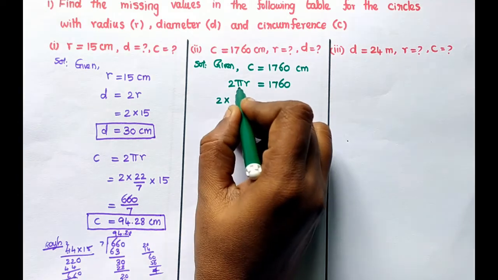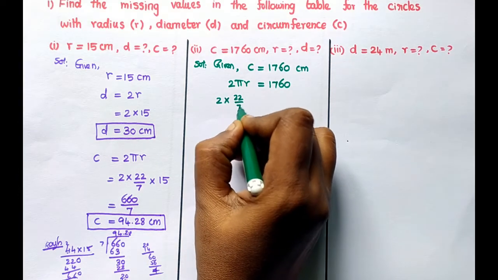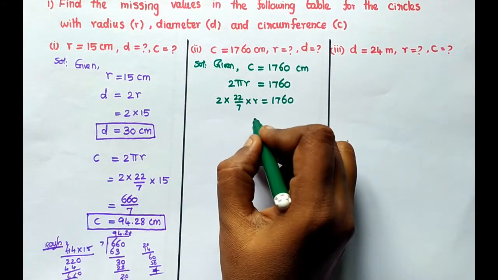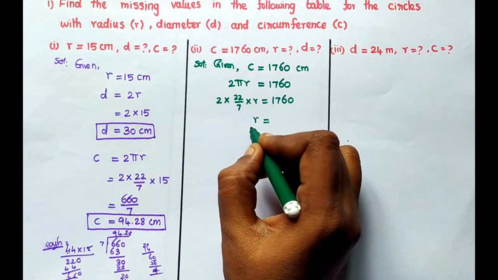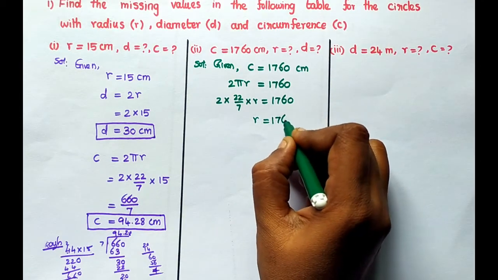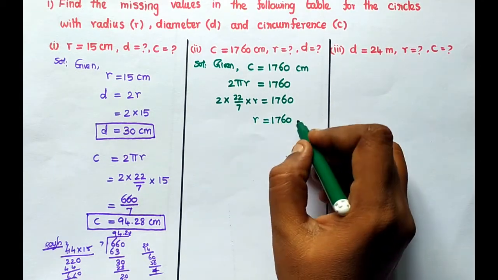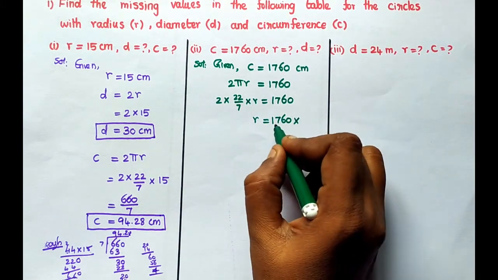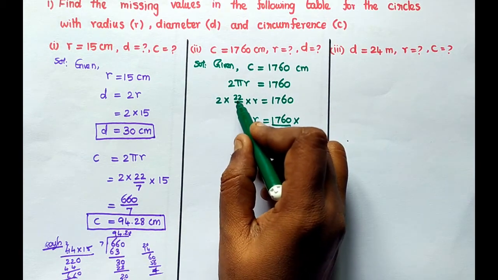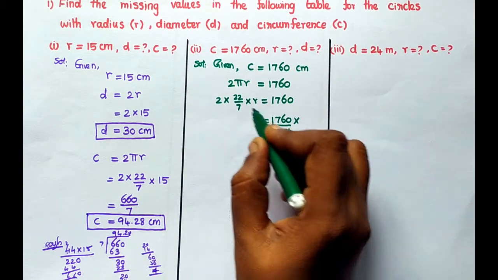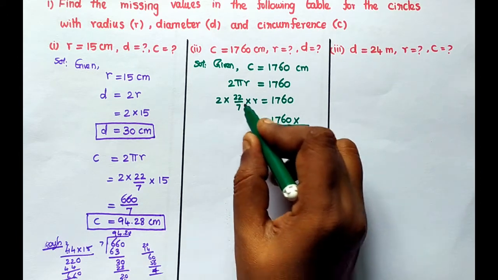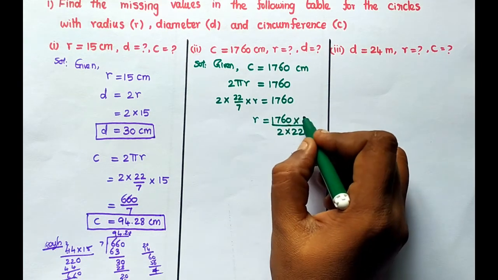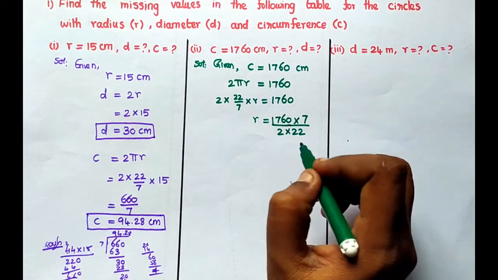Now 2 into 22 by 7 into r equal to 1760. Now we don't know r, so keep this side and bring the numbers to that side. Here 2 is in multiplication, bring this side means division, and 22 also in multiplication, so division. Here 7 is in division, so bring this side means multiplication.